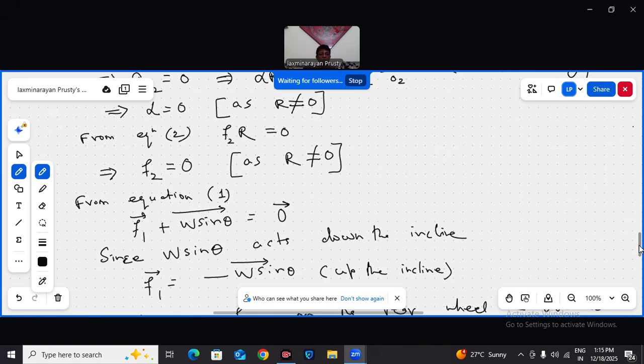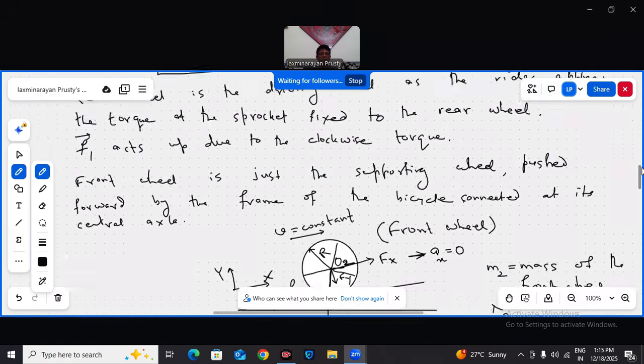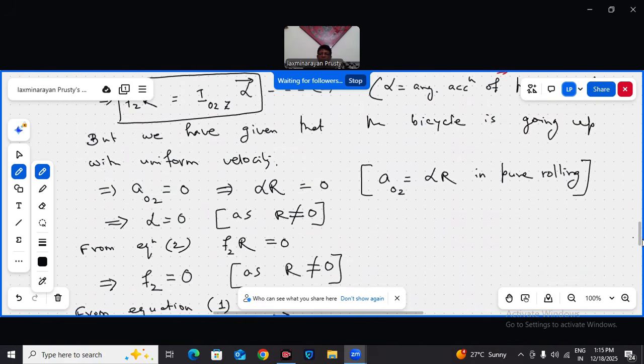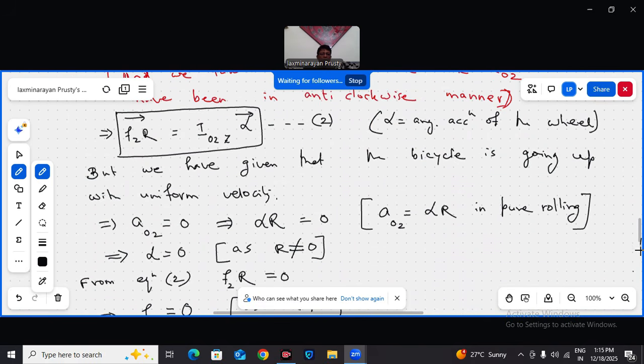Then equation 1, what we wrote, the total force balance: F1 bar plus F2 bar plus W sin theta bar is a null vector. F2 bar we found out to be a null vector. So F1 bar plus W sin theta bar must be a null vector. Yes or no?